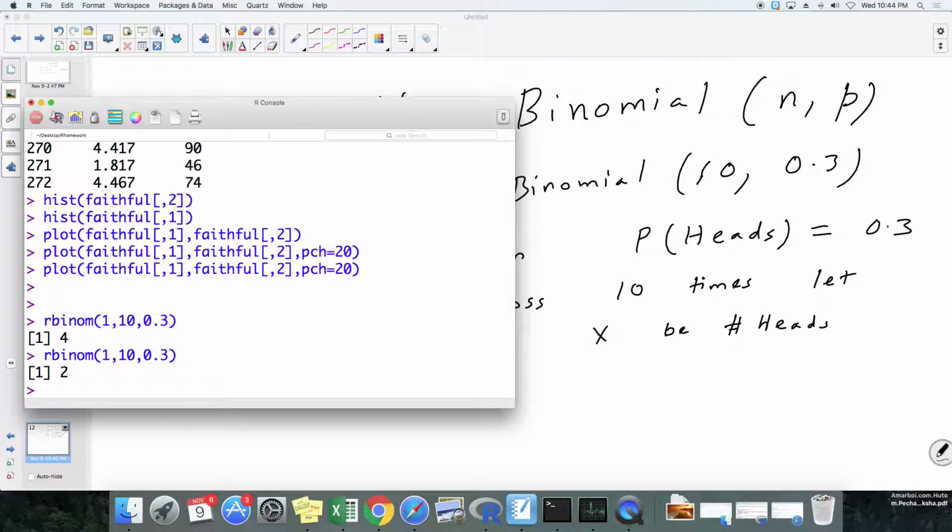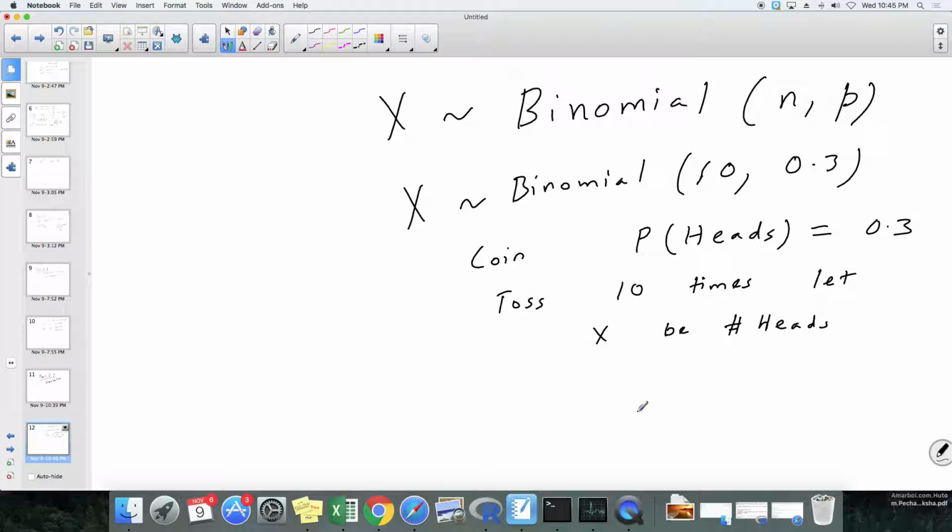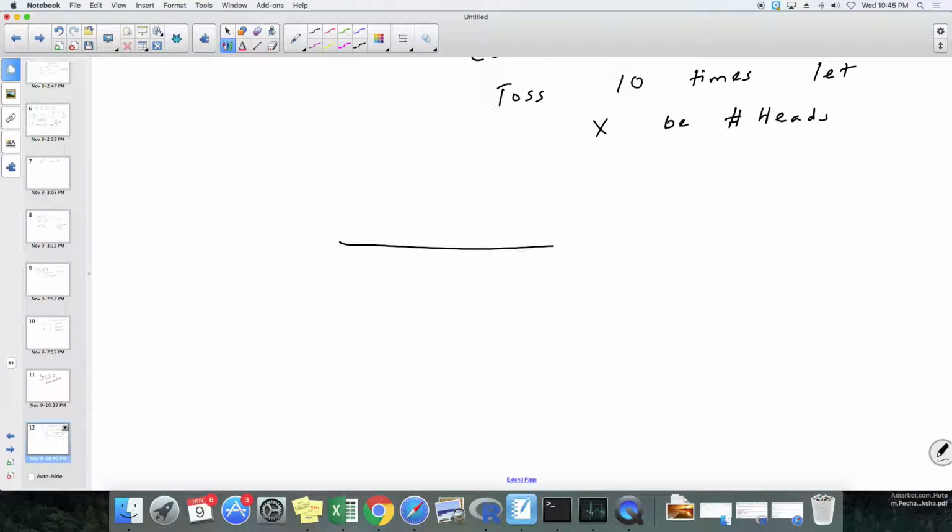Oh, by the way, let me do something like this. What just now happened is, I took a coin with probability of heads 0.3, and I tossed it 10 times, and I got 1 head out of 10. Then again I tossed it 10 times.